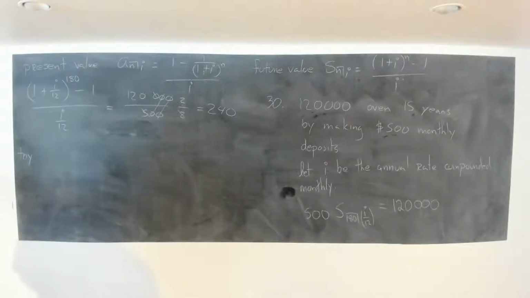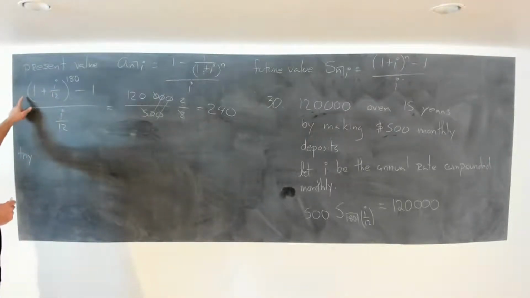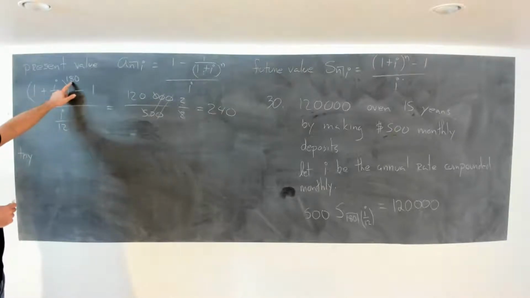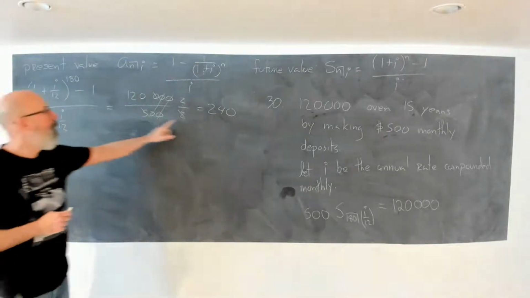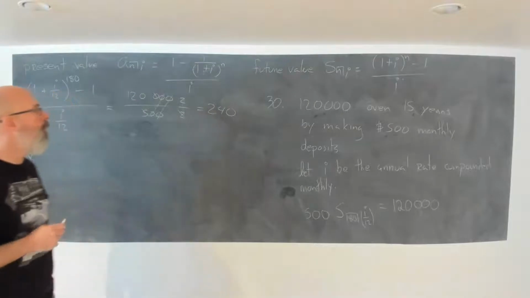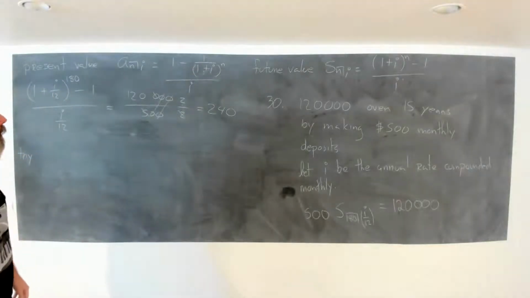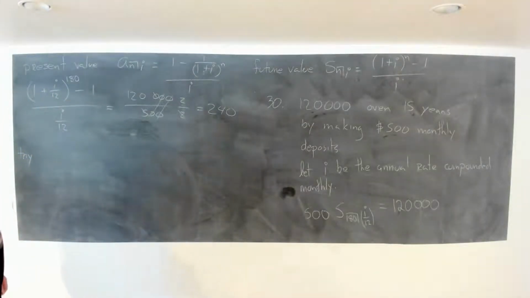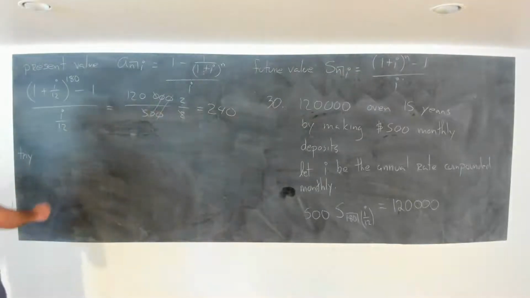What are we really doing here? You're putting in $1 amounts 180 times, and it's accumulating to 240. So the interest rate is very small, I think. So let's try something.